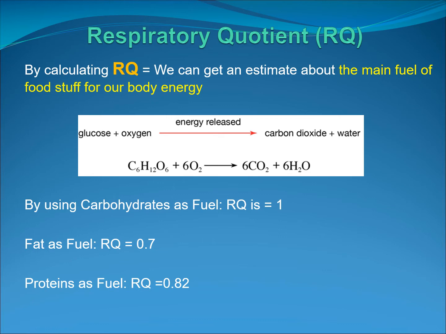If we have fat as fuel for our body energy, the respiratory quotient will be around 0.7. If we have proteins or mixed food as fuel for our body energy, the respiratory quotient will be around 0.82.